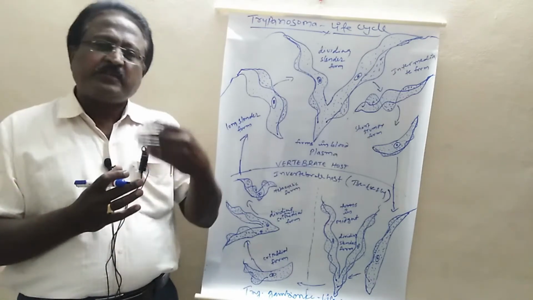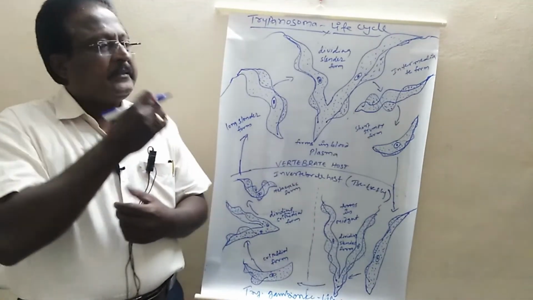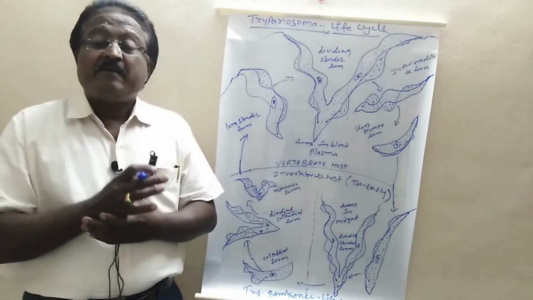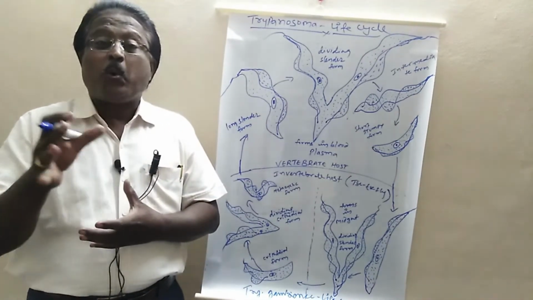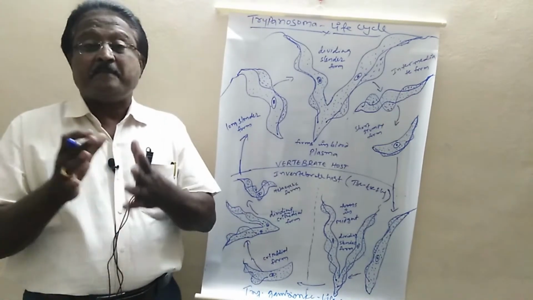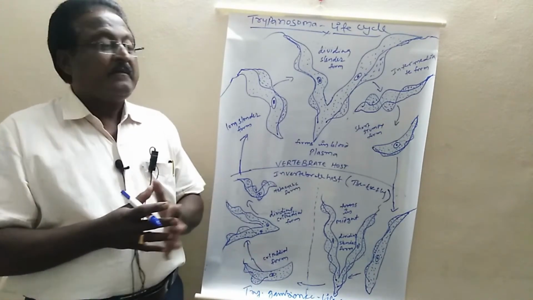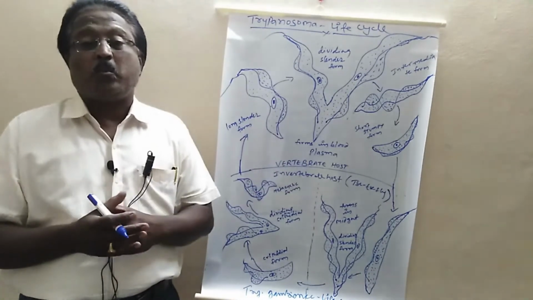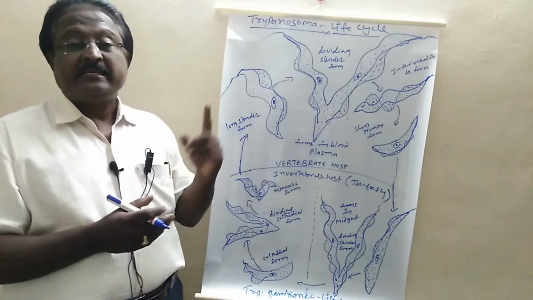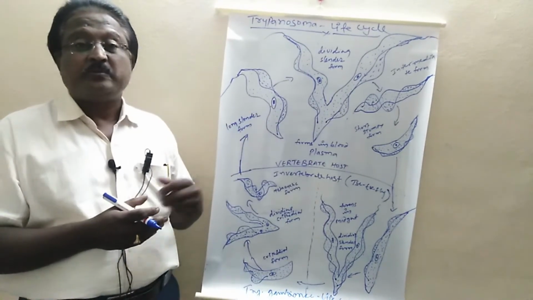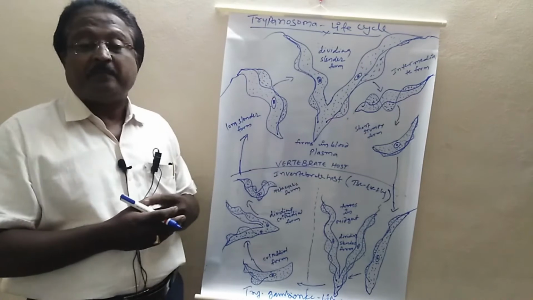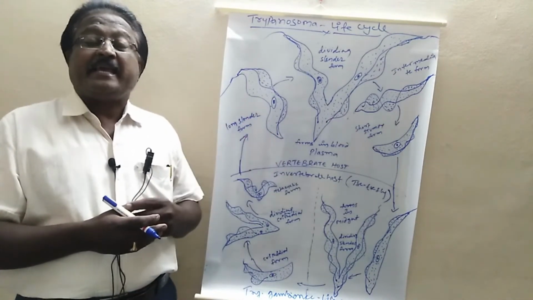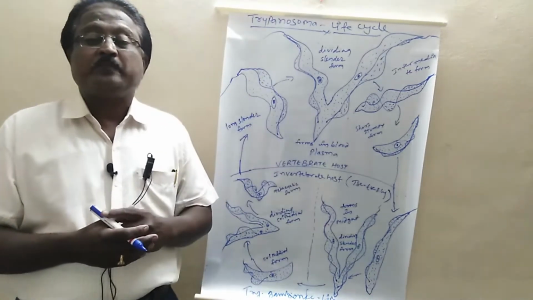The first and final host is the vertebrate host, that is man, while the secondary or intermediate host is a vector, particularly a tsetse fly, and it is an invertebrate host.